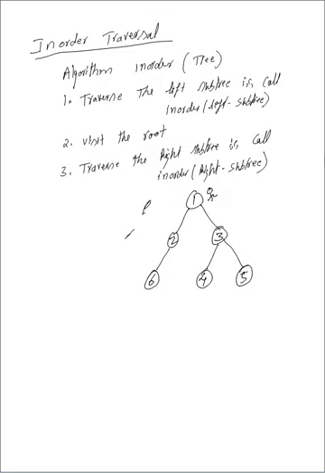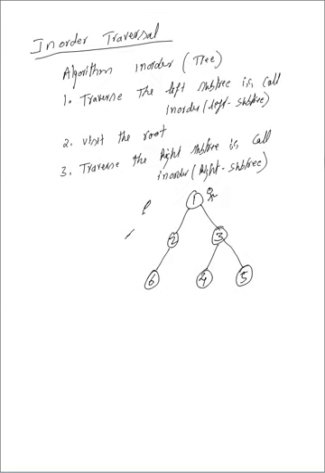Once I come to 2, next, what is there here? Traverse the left subtree. This will go recursively. Traverse means I will come to 2. For 2, is any left tree there? Yes. What is that left tree? That is 6.